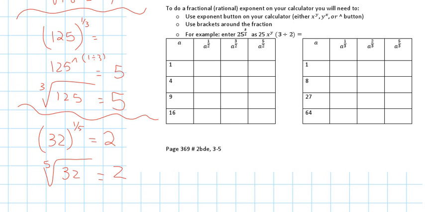How do I do the 5th root on the calculator?